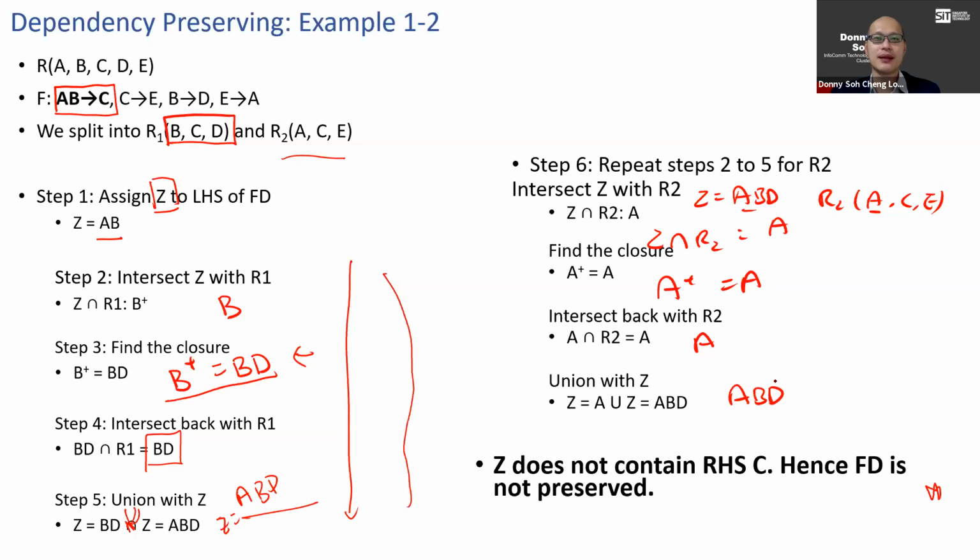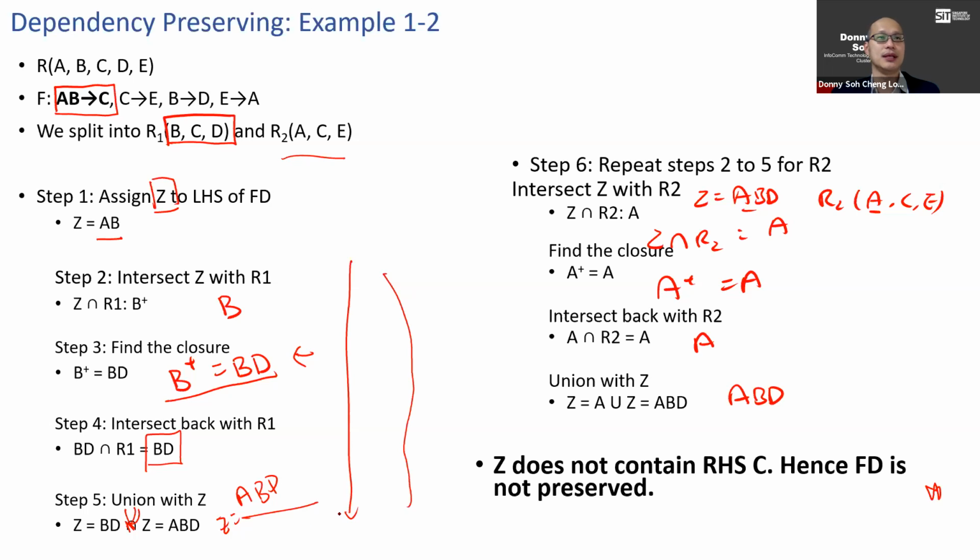At this point, we can stop, because I don't need to check this Z again with my R1, as it is exactly the same as what we got after I completed the earlier step.